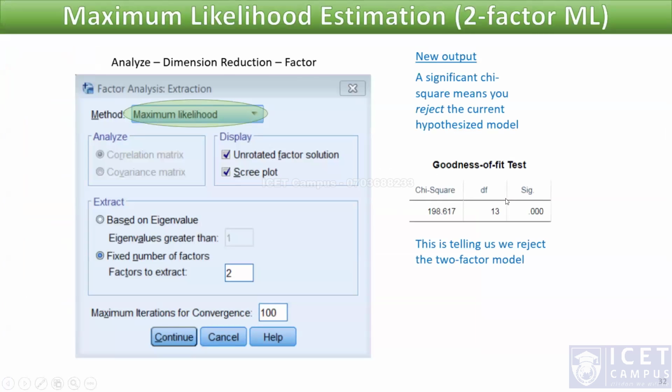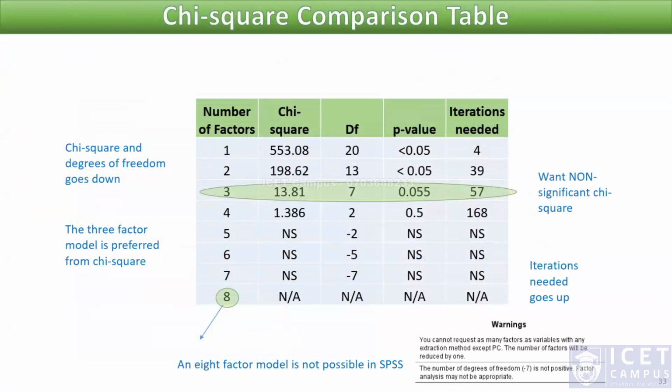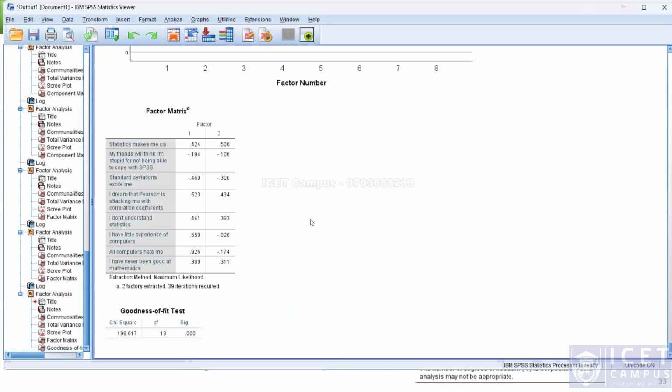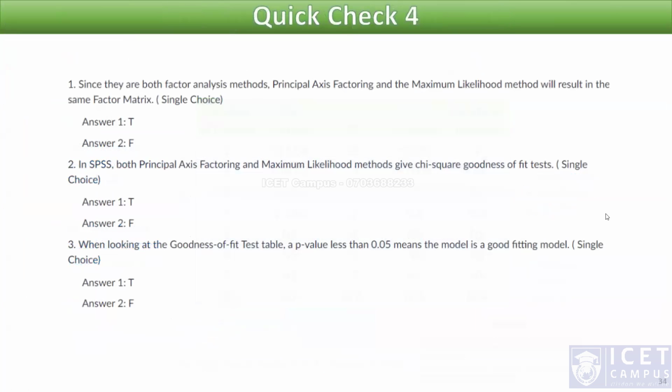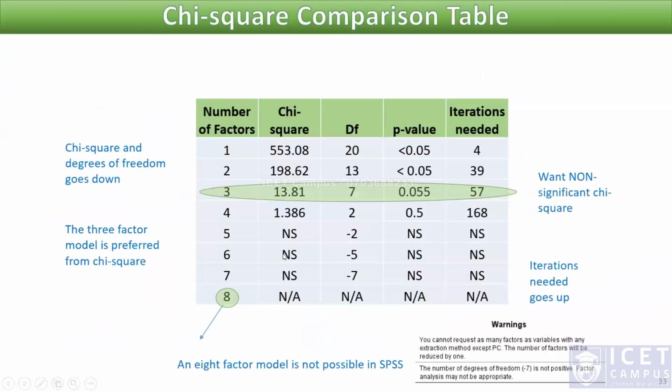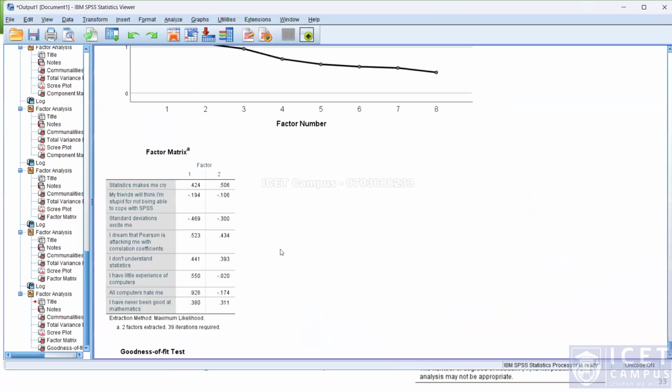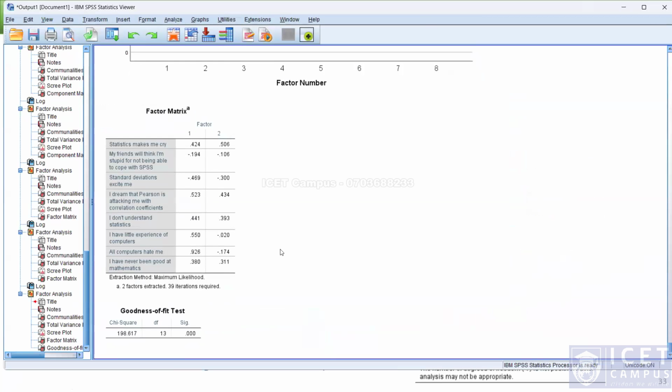Therefore, we can reject the current hypothesized model. Right? This is how we can use principal axis factoring or maximum likelihood.